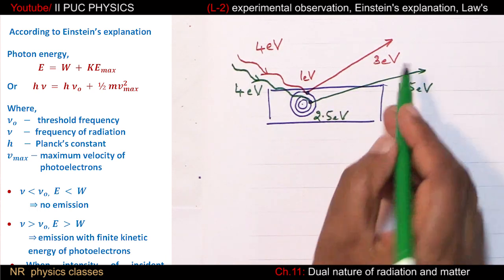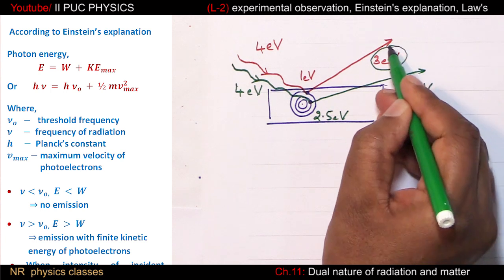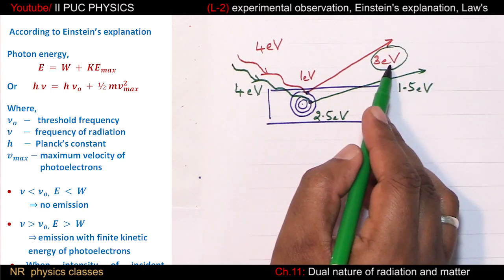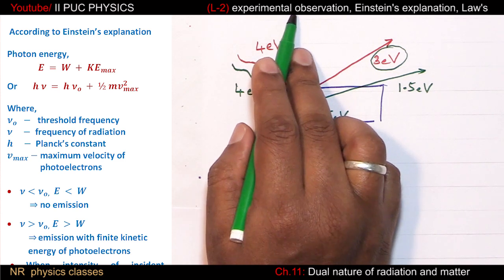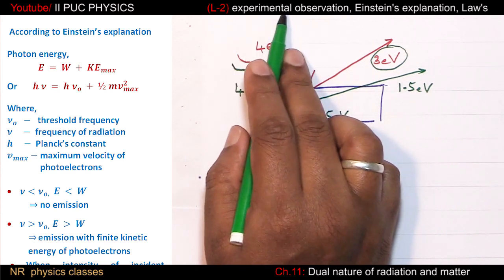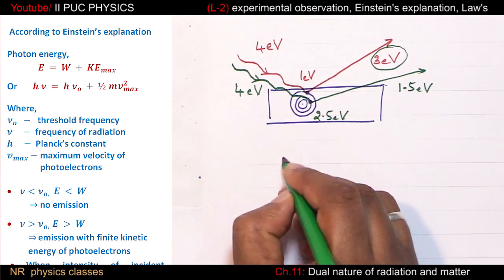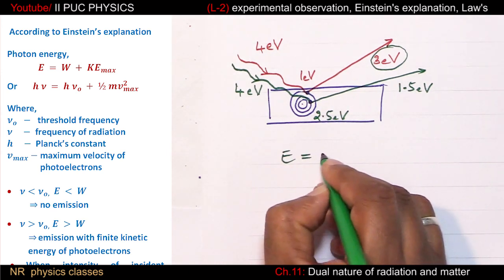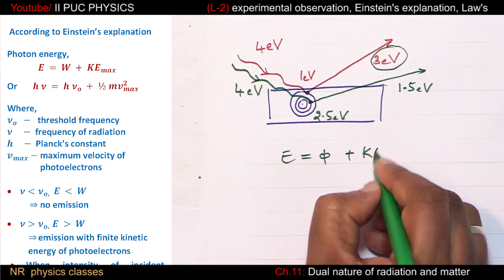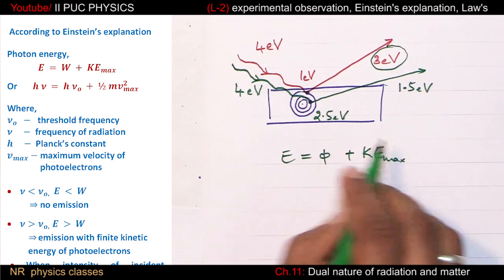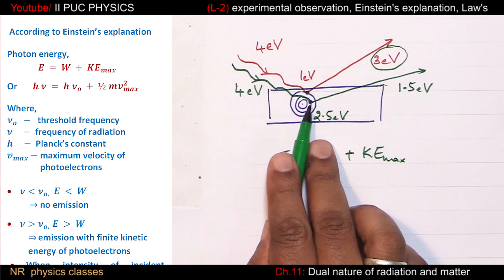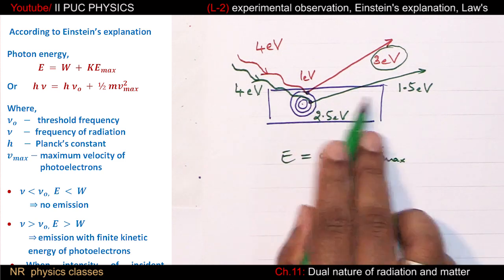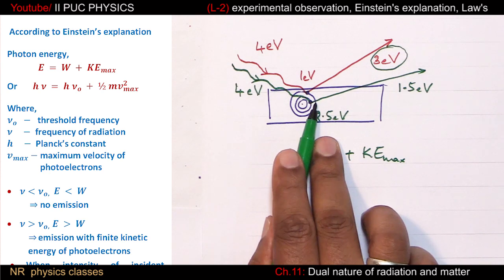and in these two, this is the maximum energy, and this is the maximum kinetic energy of photoelectrons. So in E equal to phi plus kinetic energy, only this is considered, because the probability of emission of inner electrons is less. We are not saying it is 0, it is just less.